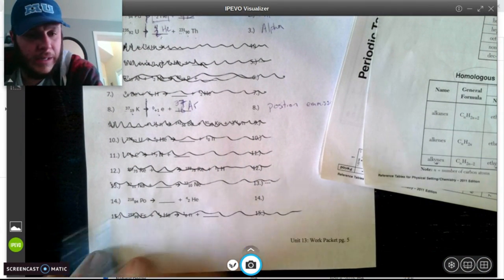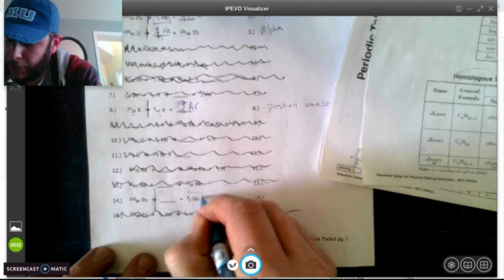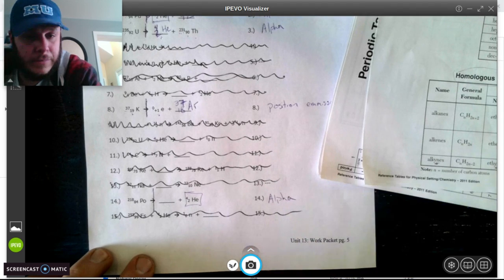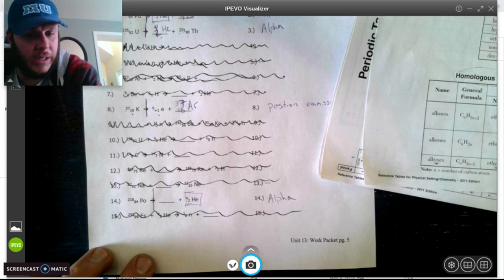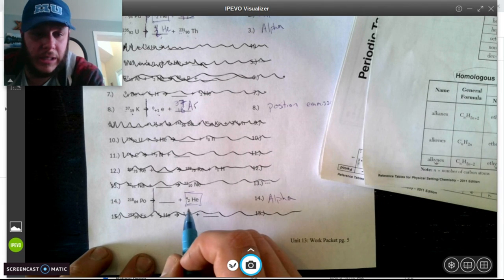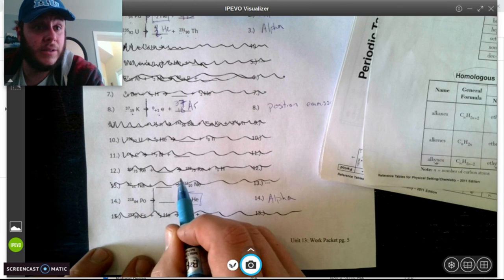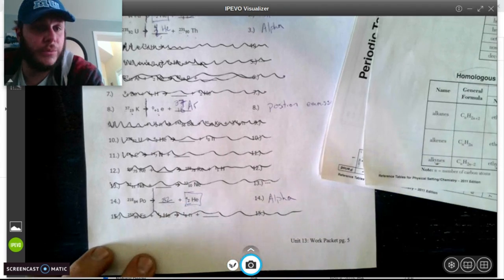Po, 84 and 218. I have my particle, so I know that this is going to be alpha. Okay, so what is left over? Well, the alpha particle has 2 protons. So if the alpha particle has 2 protons, and I started with 84, 2 of these protons left. How many are left over? 82.